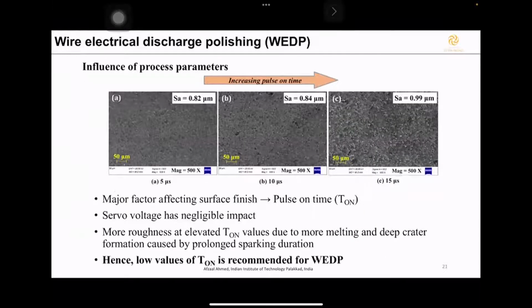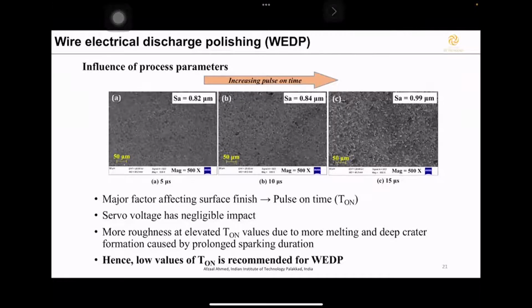Now, there are different process parameters, as you all know, in case of EDM. And as you tweak any process parameters like voltage or current or T on and T off, the direct impact is on the discharge energy. Okay, so we had a very limited window to check the feasibility of these process parameters.